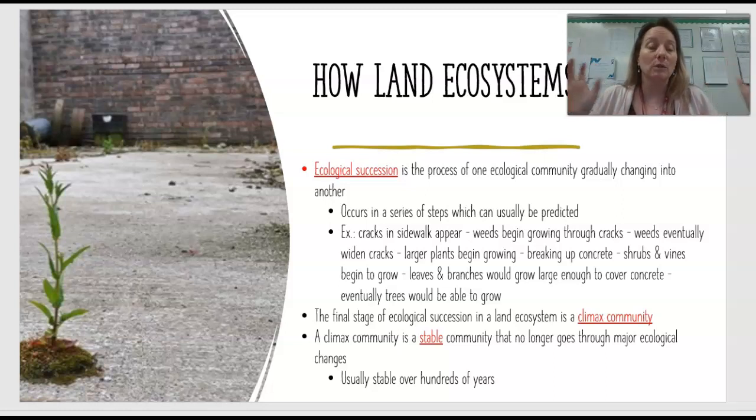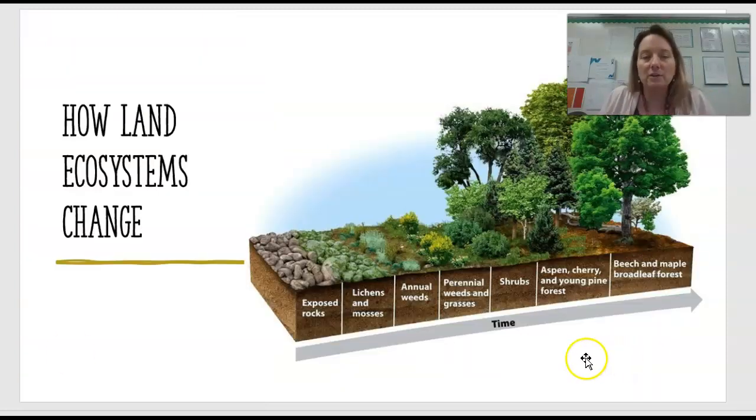And once it's fully taken over and back to its original state, that's called a climax community. And it'll stay there. Plants will die, but new plants, the same type of plant, grasses and trees and whatnot, will grow in their places. That's the climax community. Here you've got a little diagram of how it'll grow over time.